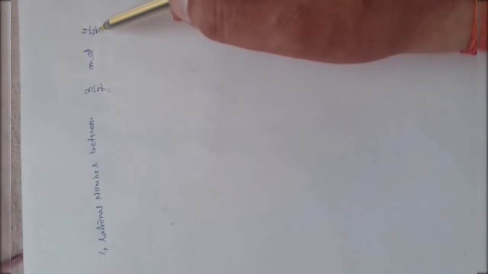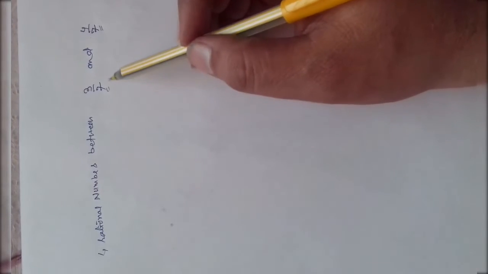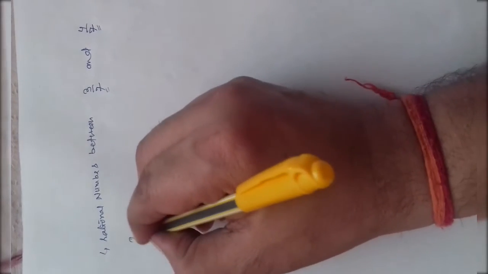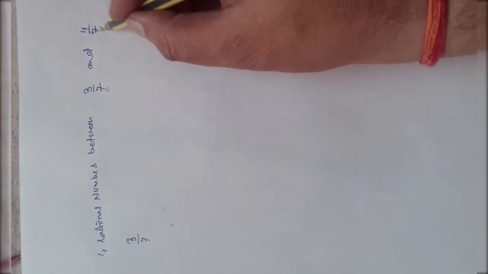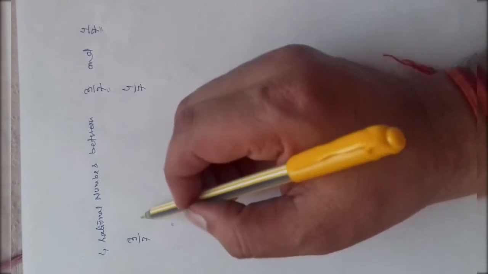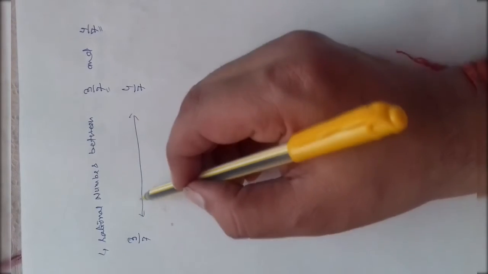But in this case the denominator is the same, so we can proceed safely. Second thing to keep in mind, on the left side you have to write the smaller number, that is 3 by 7, and on the right side you write the larger number, that is 4 upon 7. So we have to introduce 4 numbers in between these two numbers.